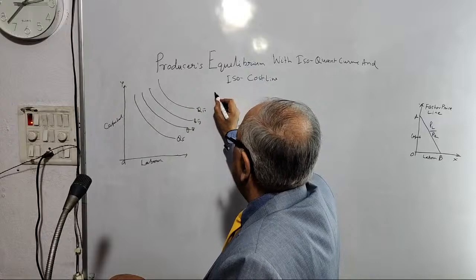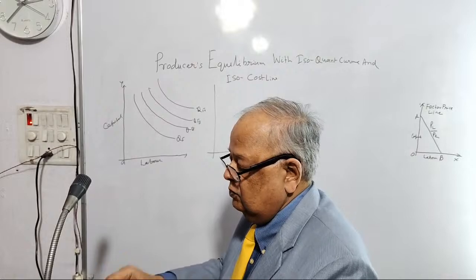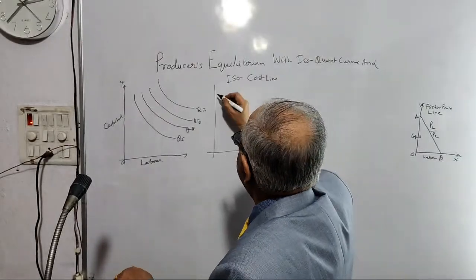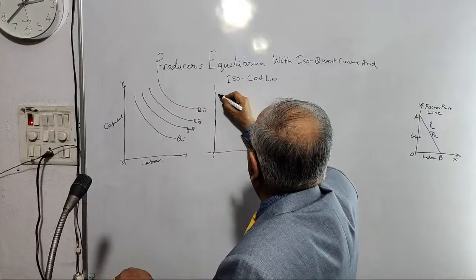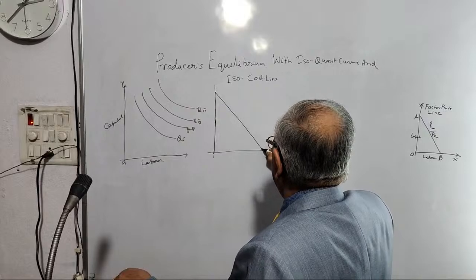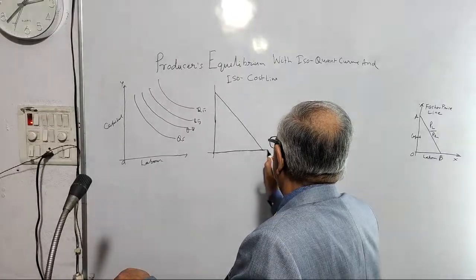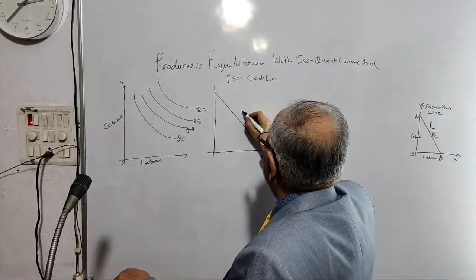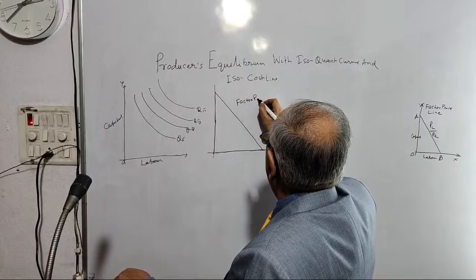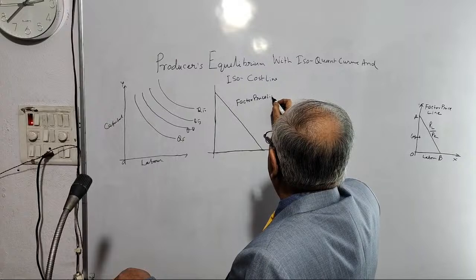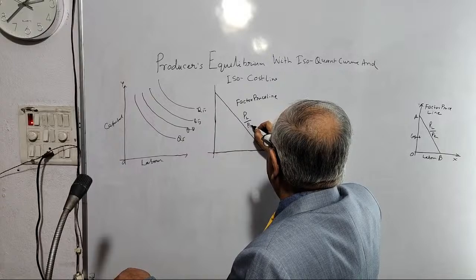And we know that this is the factor price line, that is price of labor by price of capital.